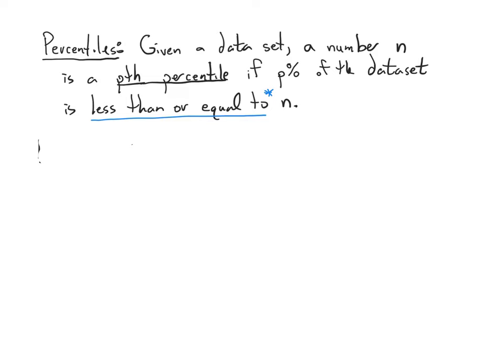Let me give you a little example. Suppose we had a data set, and I said the p percentile is maybe 100, and let's say p is the 90th percentile.